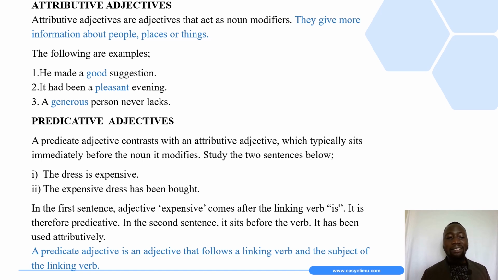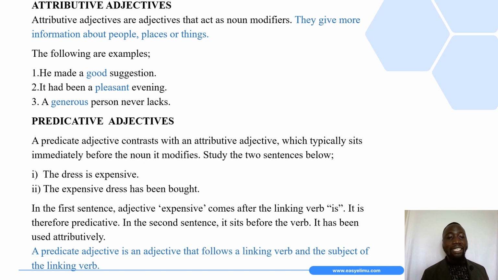So if you are asked to tell the difference between attributive adjective and predicative adjective, you will say that attributive adjectives are adjectives that sit immediately before the noun they modify or describe, while a predicate or predicative adjective is an adjective that follows a linking verb and the subject of the linking verb.